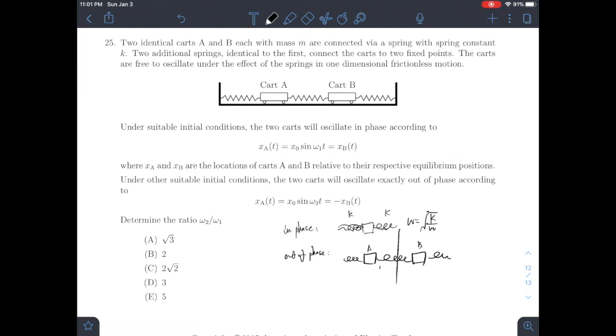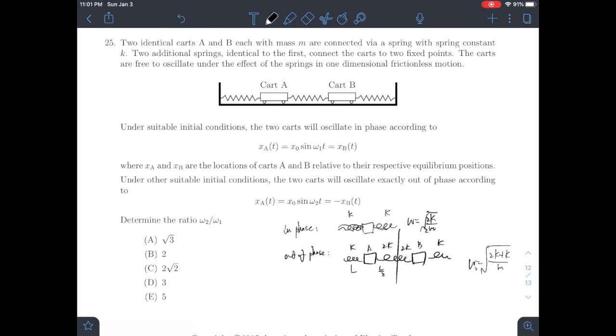Because the equilibrium position of the spring in between doesn't change, we can consider A as occupying half the spring and B as occupying the other half. And we know that by cutting a spring in half, we double the spring constant.